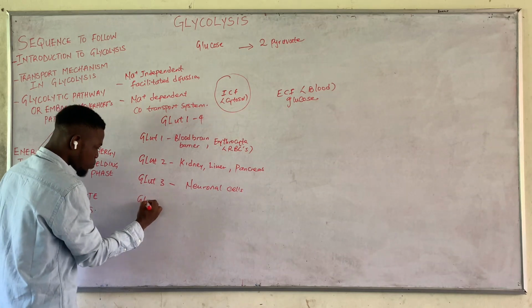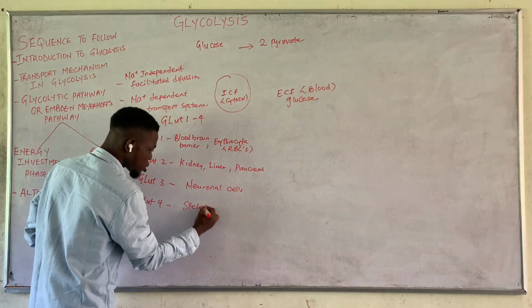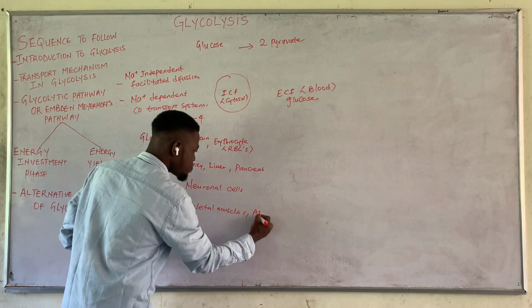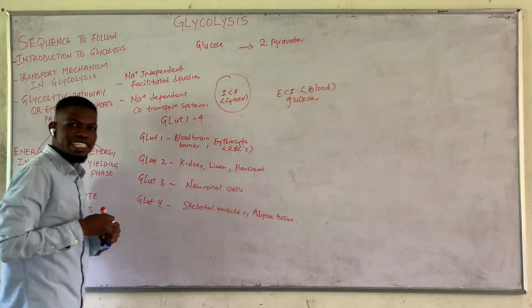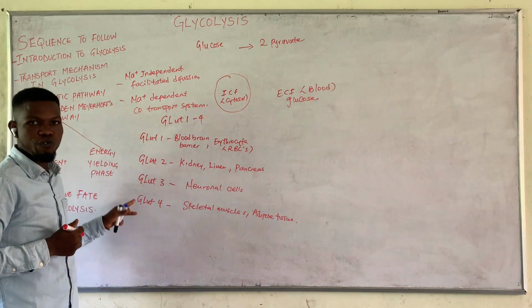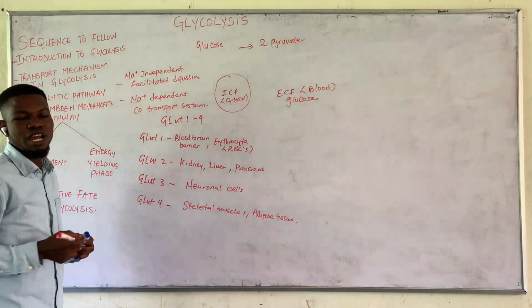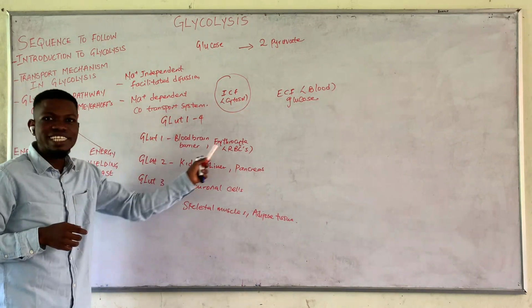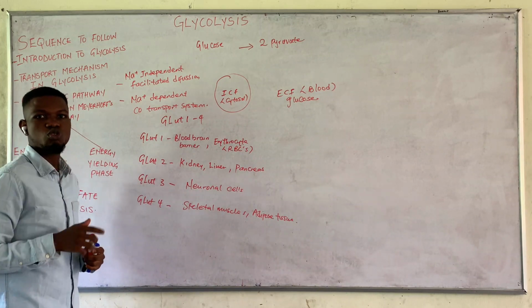Then glucose transporter 4 can be found in the skeletal muscles and the adipose tissue. So these are glucose transporters 1 to 4. They are specifically designed for specific organs. In GLUT1 you can see it in this organ, in GLUT2 you can see it in this one.